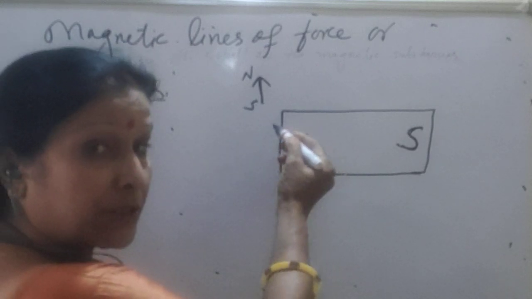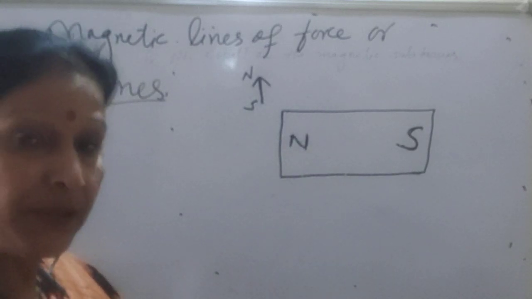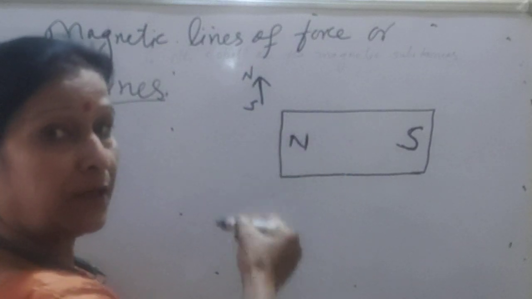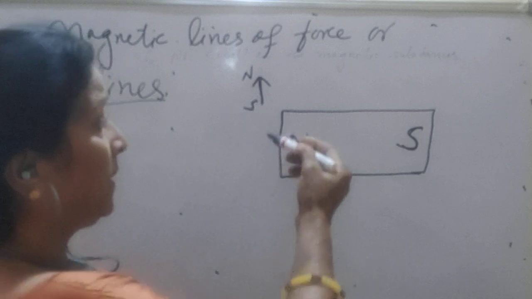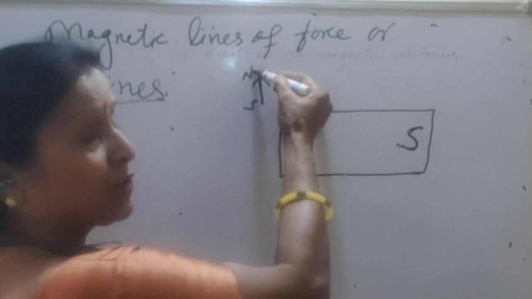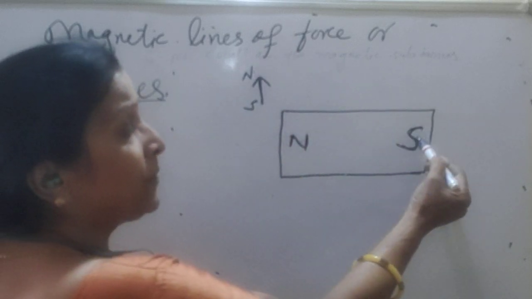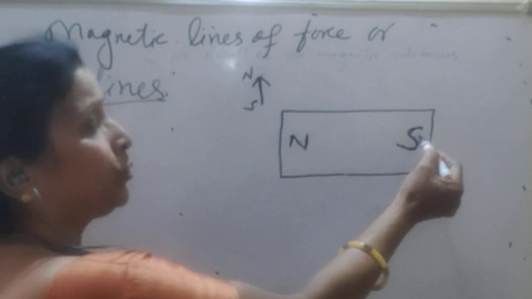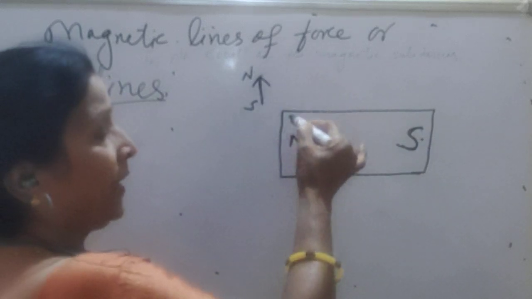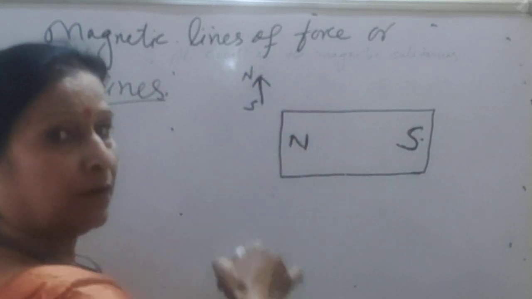Being closer, more force of attraction will be there, so this end of the magnetic needle will be attracted towards this north pole. But the north pole of the needle will be repelled by this north pole, and also it will be attracted by this south pole. This south pole of the magnet will attract this north pole, and this north pole will repel it.